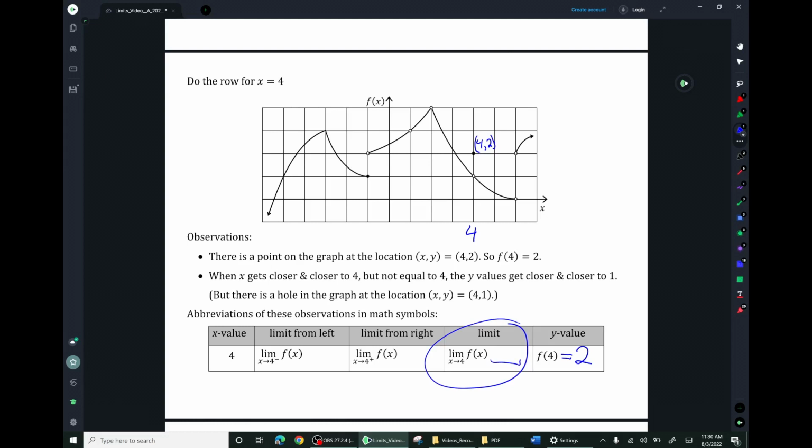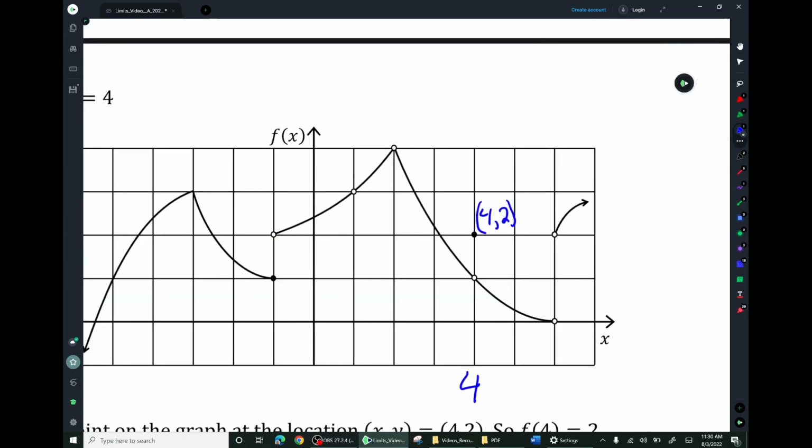So this limit is about observing what happens when x gets closer and closer to 4 but not equal to 4, noticing what happens with the y values. So we need to zoom in on the graph in the vicinity of x equals 4 and study what happens with the y values. So as we did in the previous page, we'll choose an x value close to 4 but not equal to 4.